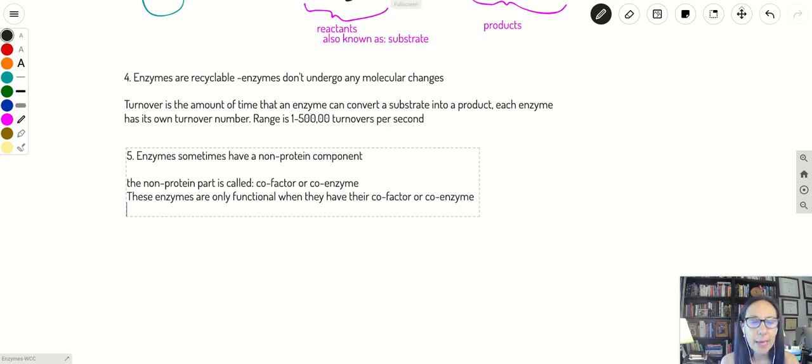And these cofactors or coenzymes are usually a metal ion. So it is important that in your diet you get a little bit of metal, because these are cofactors for your enzymes in your body.